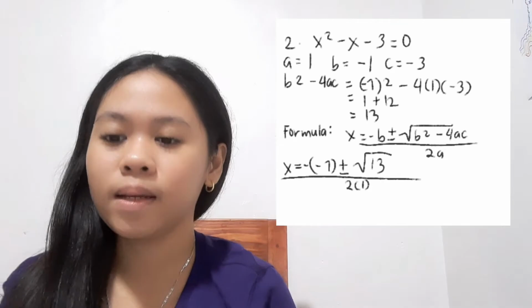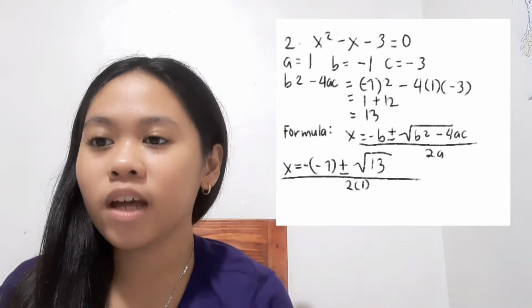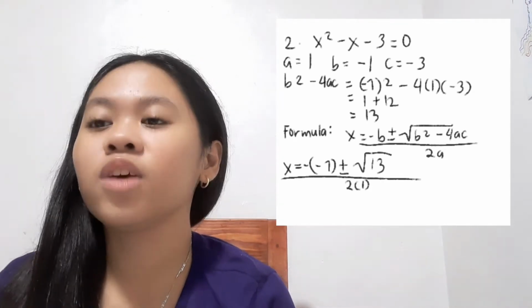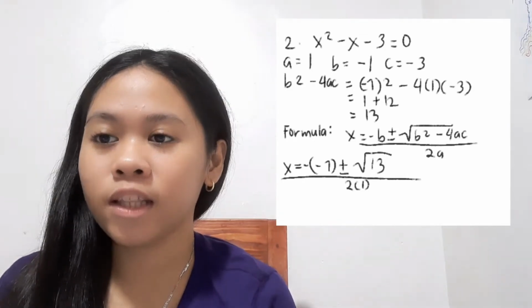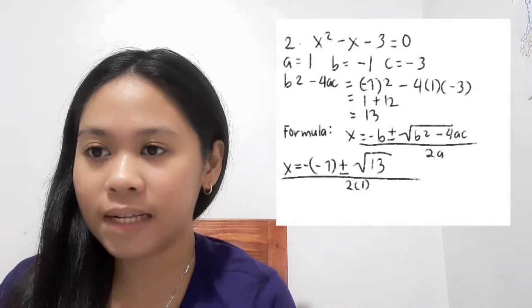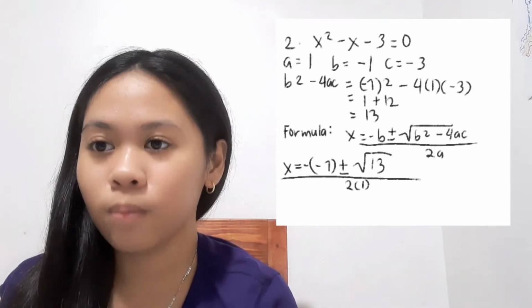Let us multiply. Negative 1 times negative 1 is equal to positive 1. And negative 4 times 1 is equal to negative 4, times negative 3 is equal to positive 12.